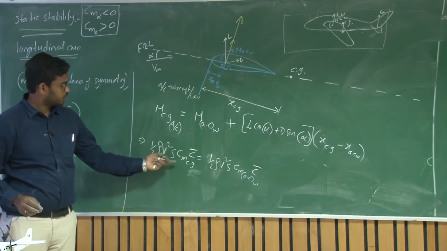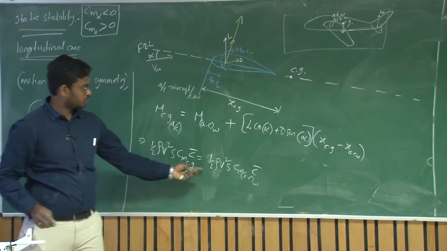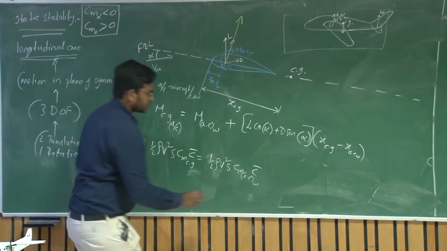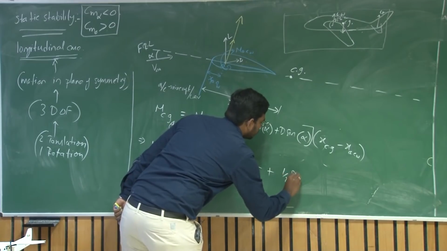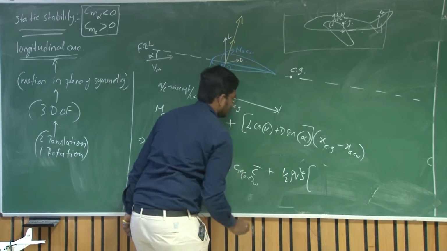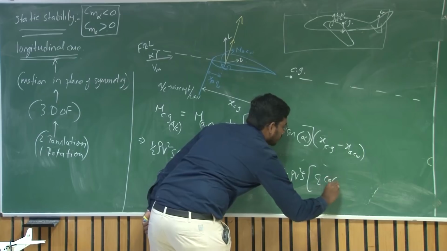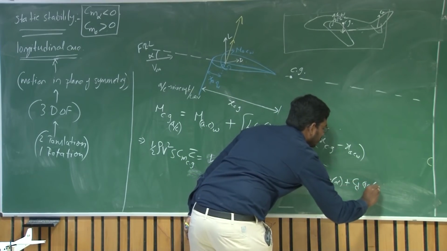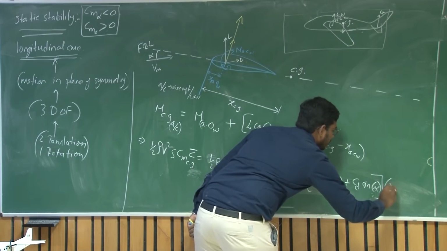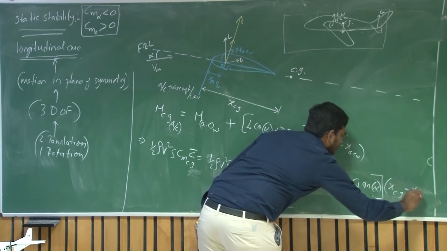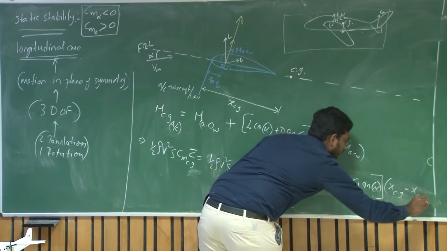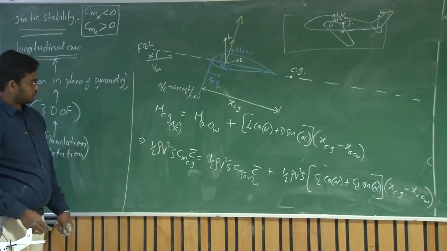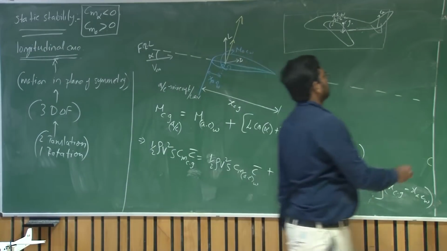So half rho V square S into C bar into CMCG equals half rho V square S into CMAC into C bar, plus half rho V square S into CL cos alpha plus CD sin alpha into XCG minus XAC of wing. Now what is CMCG?